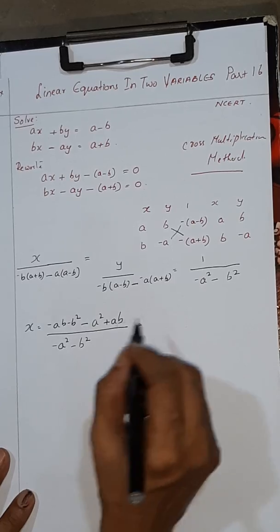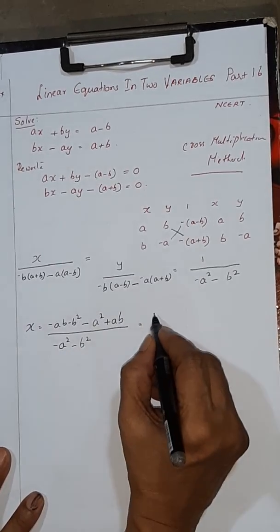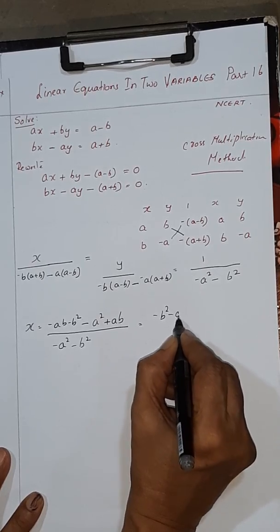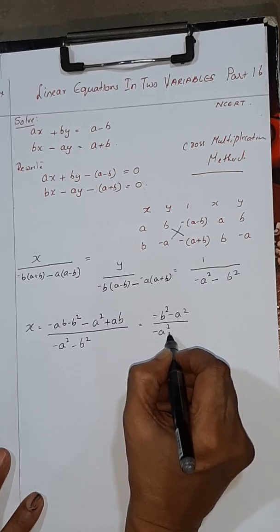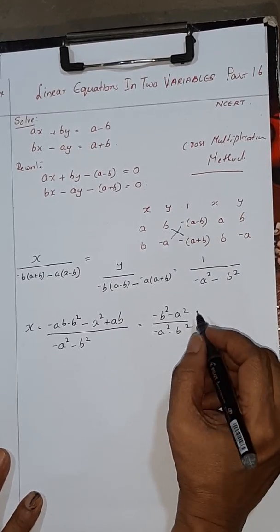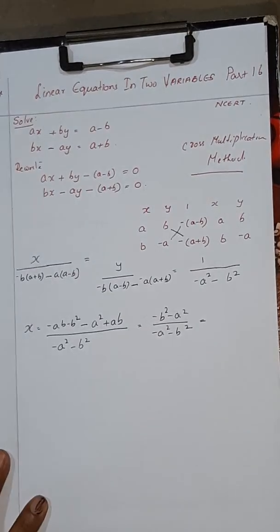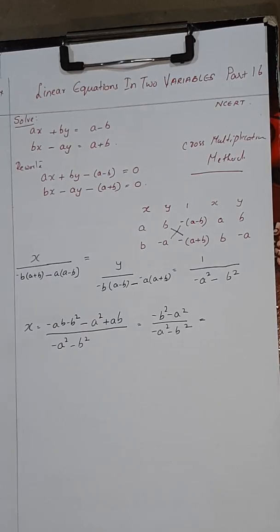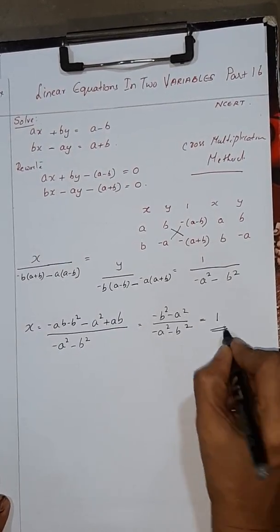Here ab and ab will get cut. So you are left with minus b squared minus a squared by minus a squared minus b squared. So this is equal to 1. So you get the value of x is equal to 1.